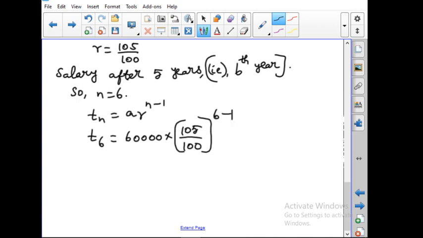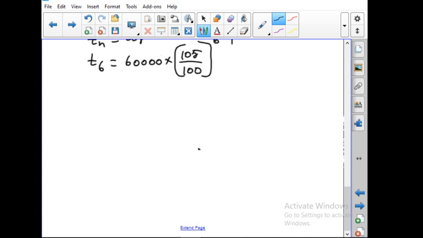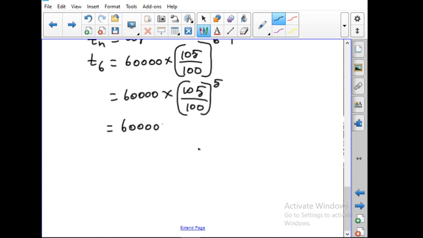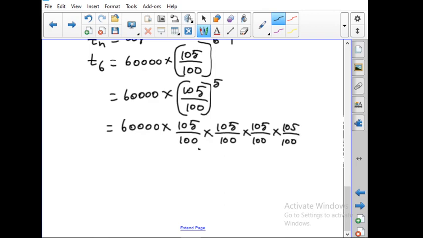power 6 minus 1. So 60,000 into 105 by 100 whole power 5. So 60,000 into 105 by 100 written 5 times: 105 by 100 into 105 by 100 into 105 by 100 into 105 by 100, 1, 2, 3, 4, 5 times.